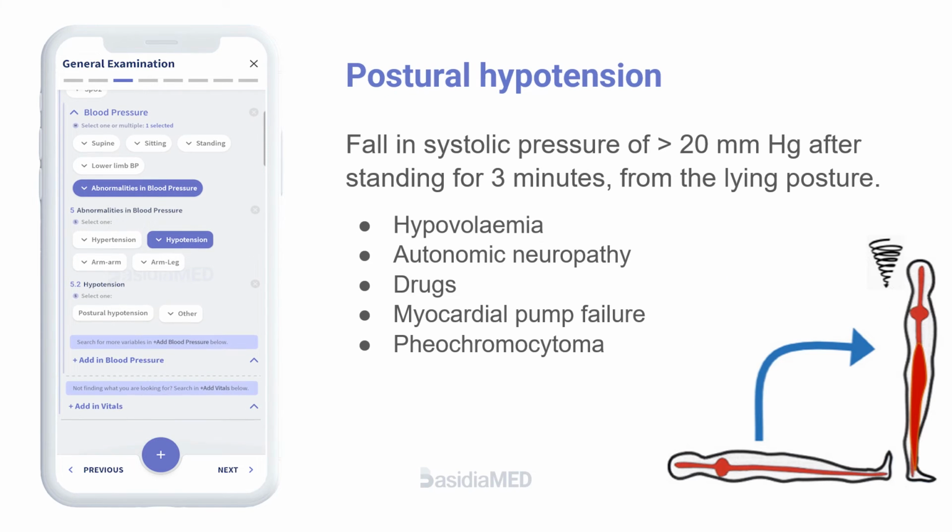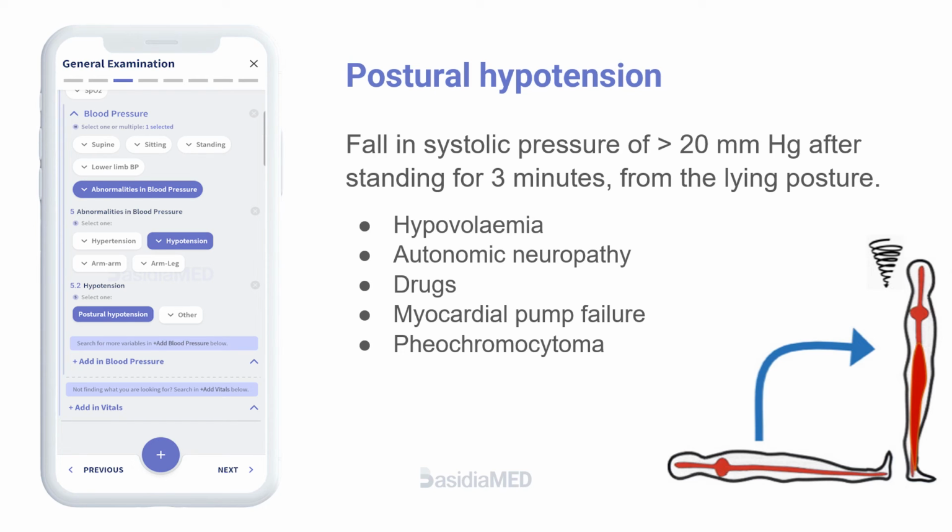Hypotension. Postural hypotension. Hypotension is defined as blood pressure readings of systolic pressure lower than 90 mm of mercury or diastolic pressure lower than 60 mm of mercury. When there is a fall in systolic pressure of greater than 20 mm of mercury or a fall in diastolic pressure of greater than 10 mm of mercury after standing for 3 minutes from the lying posture, the patient is said to have postural hypotension.